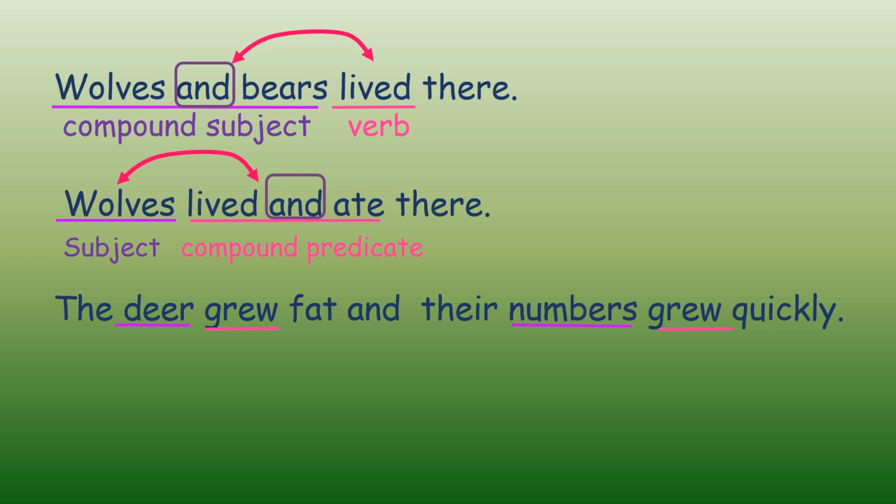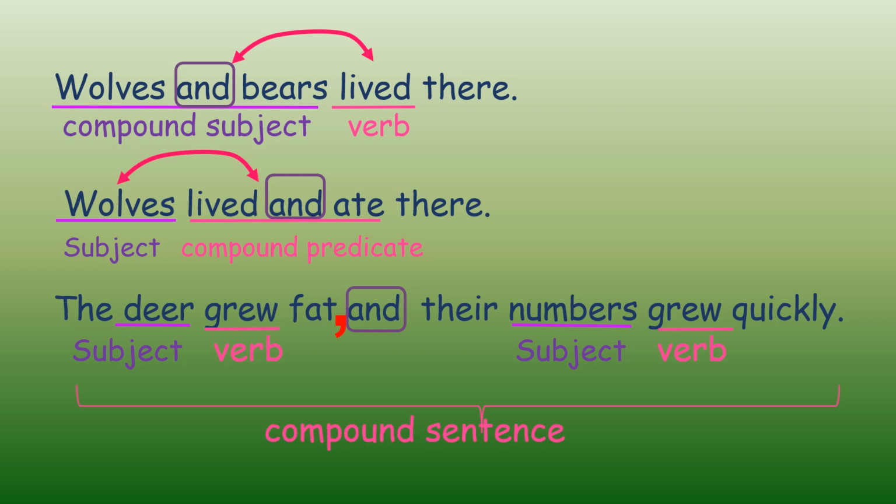These two independent clauses are joined together with the conjunction and a comma before it. When we put them all together, they become one compound sentence. Can you notice the difference now? In the first example, compound subject for the same verb. In the second example, compound predicate for the same subject. But in the last one, each independent clause has its own subject, verb, subject, verb.